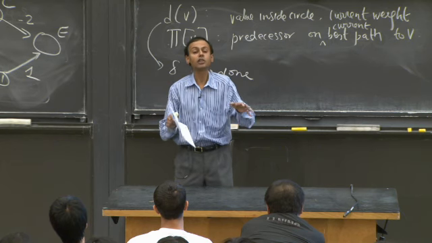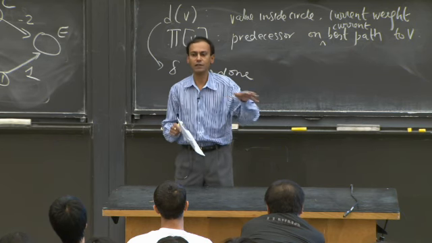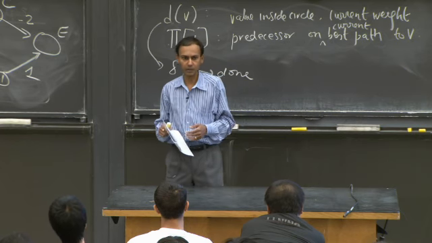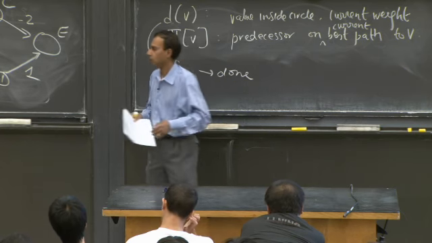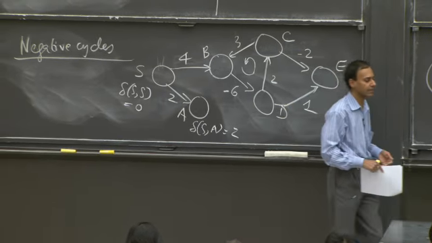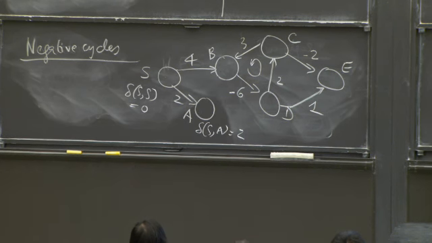Okay? So that's your termination condition. It's different from the termination condition if you simply had non-negative edge weights. All right? So remember, it's cycles that cause a problem, not just the edges. And you have to do something about the cycles, but they may not affect the entire computation.